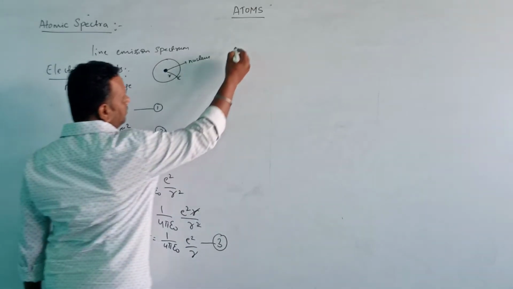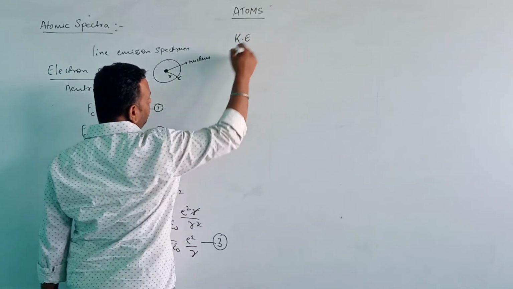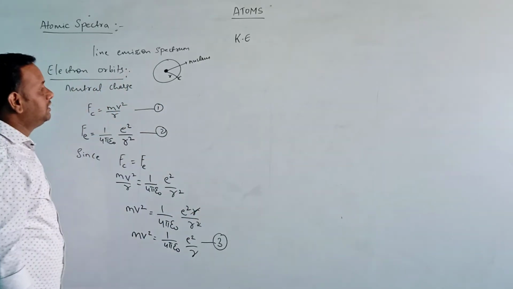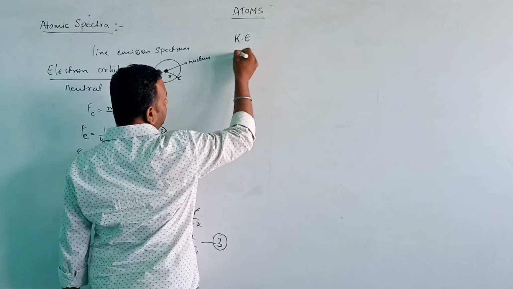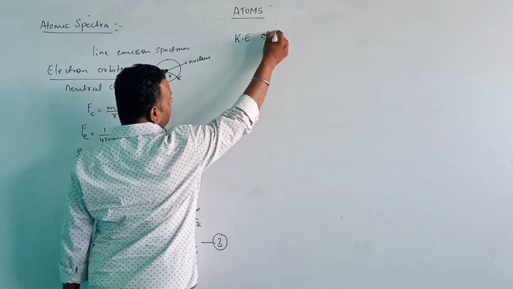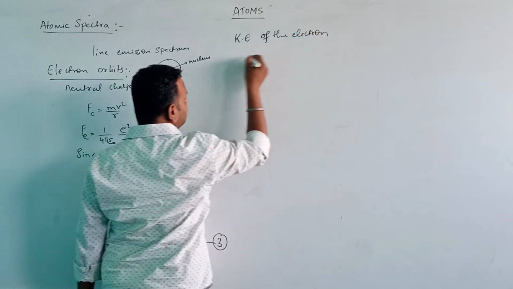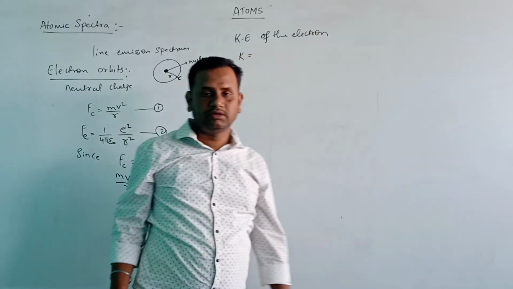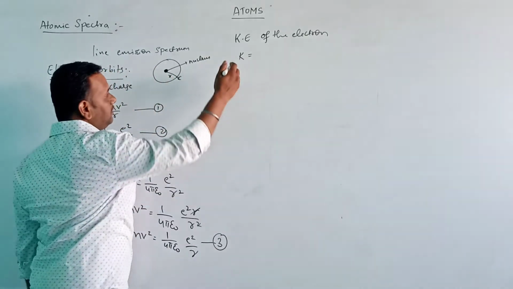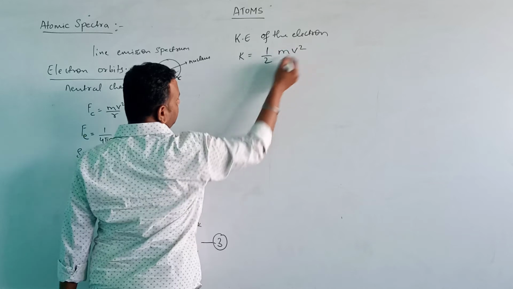Now the kinetic energy of the electron, which is revolving around the nucleus, is given by K equal to half mv square.